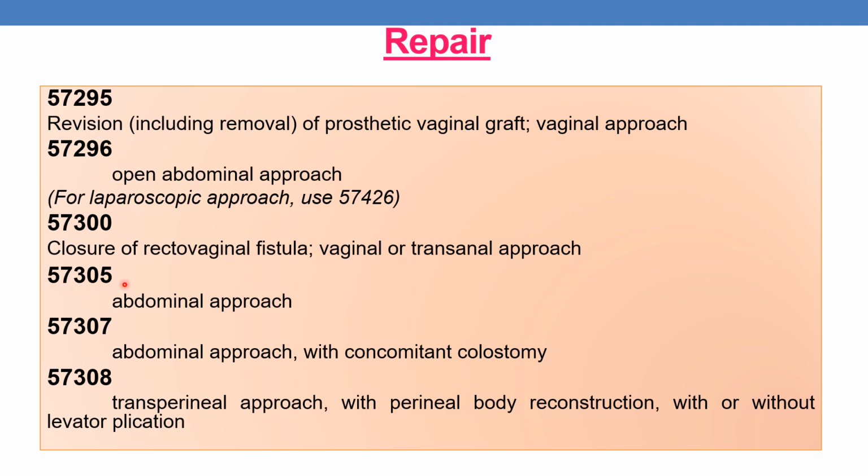Next is 57305. Closure of rectovaginal fistula, abdominal approach. Next is 57307. Closure of rectovaginal fistula, abdominal approach with concomitant colostomy. Next is 57308. Closure of rectovaginal fistula, transperineal approach, with perineal body reconstruction, with or without levator plication.